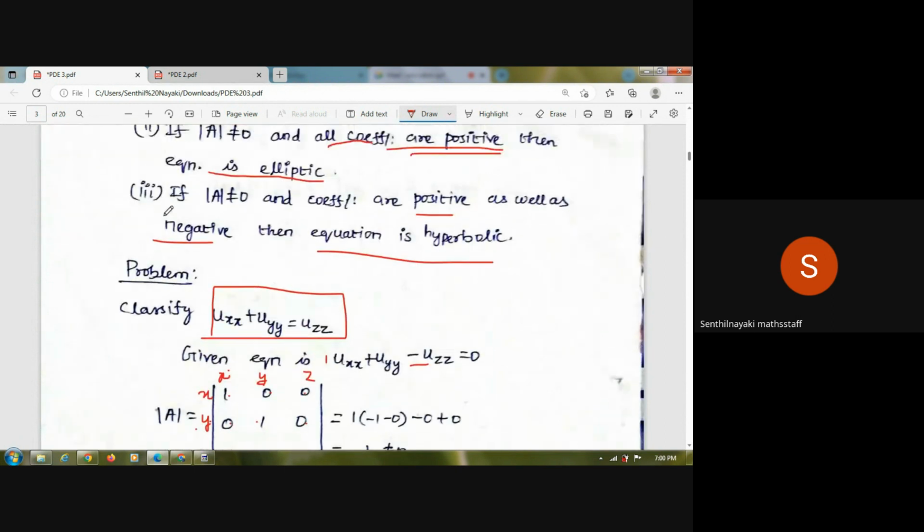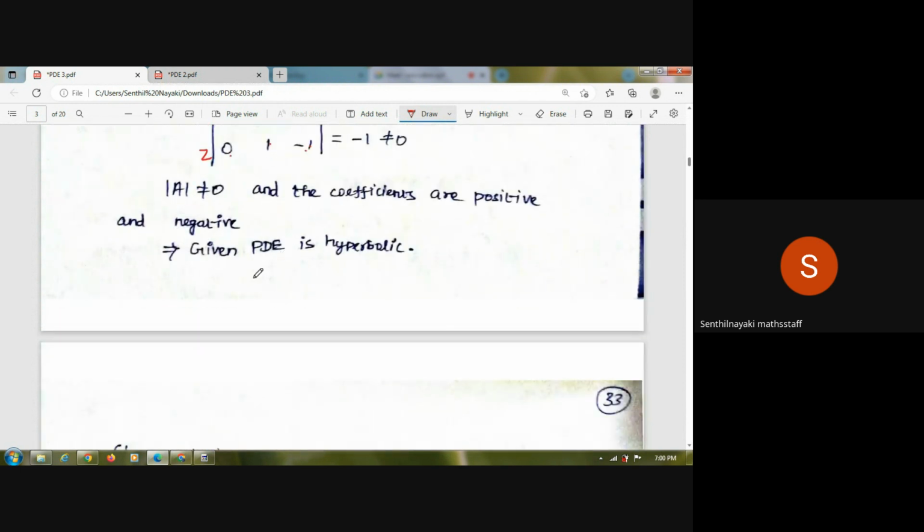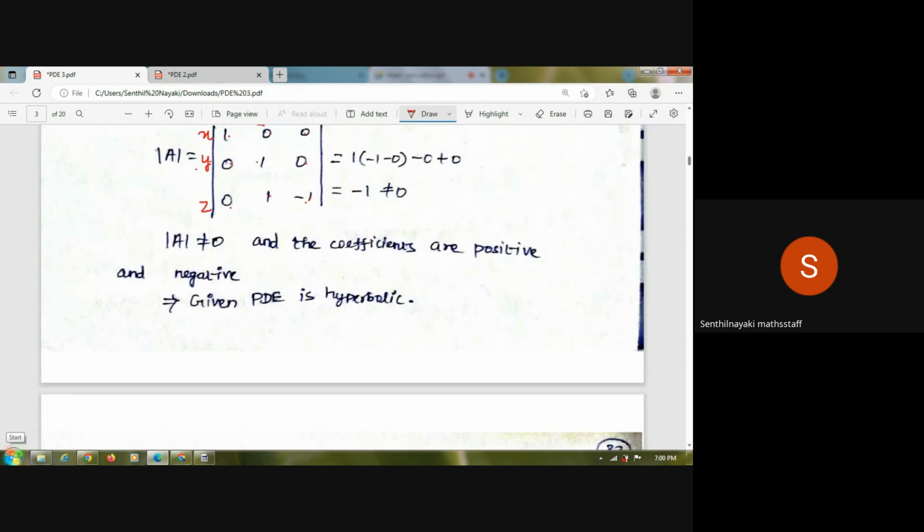Therefore, we can say that the given PDE is hyperbolic. So if there are 2 independent variables, then you can use the first type. If the independent variables are 3, then you can use the second type.